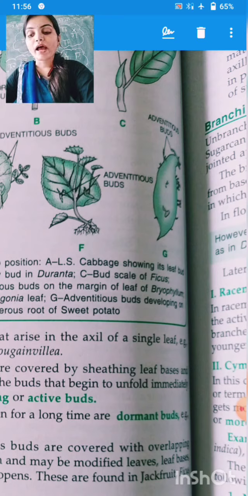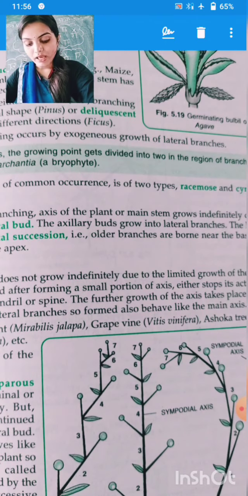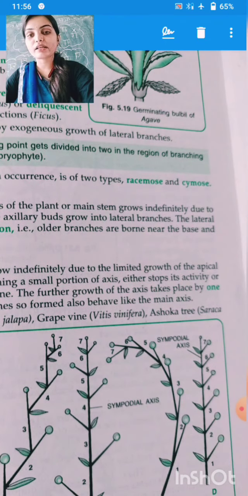Now when you see the branching of stem, here are the different types of branching shown in your figure. The first type is the scorpioid type, and C and D are the helicoid type. In the scorpioid type, each branch which arises from the stem has a sympodial axis.